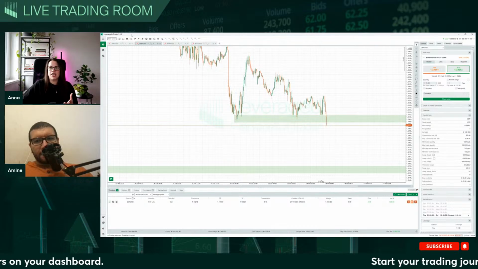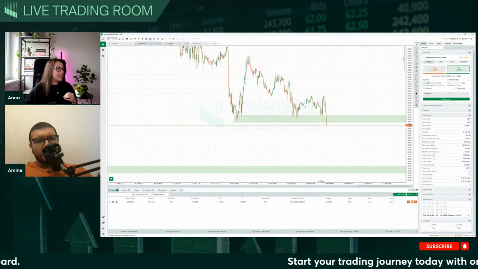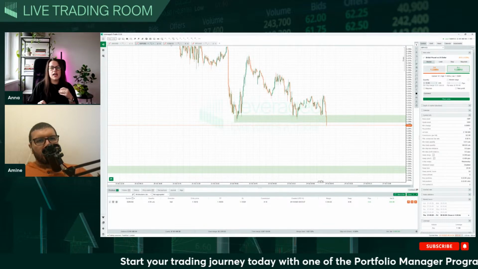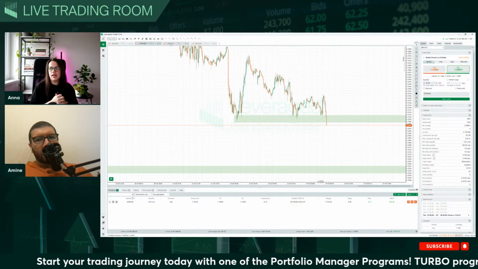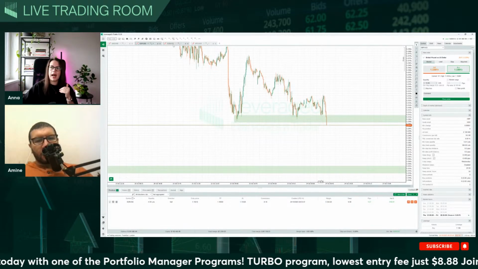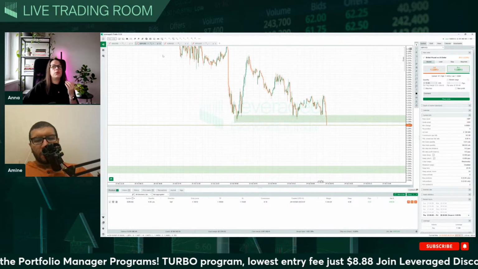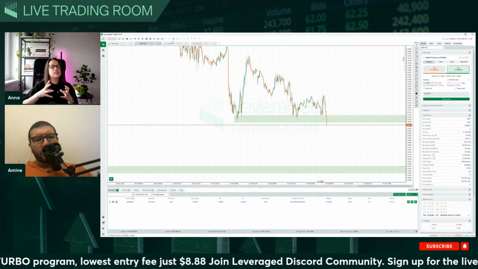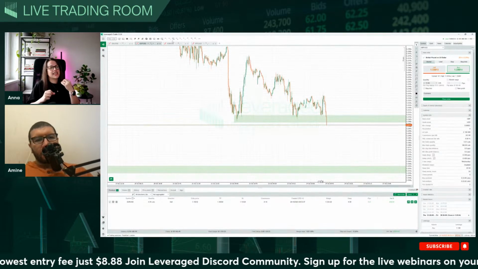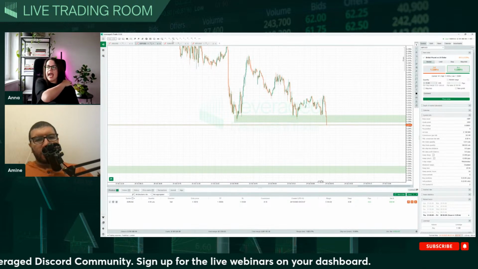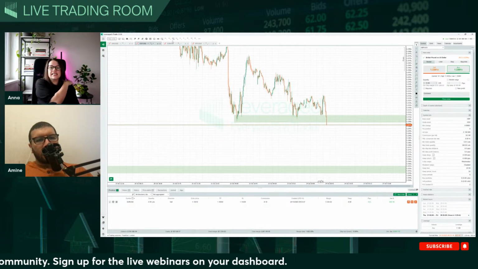So what I'm doing in here is testing, trying to move to a lower time frame to see how I can enter trades much better, because when you trade higher time frames, very often I would be waiting for my candle closure, and the candle closure is so big that it doesn't make sense anymore to take that trade because there's not enough risk to reward. And in my plan, I don't take anything less than 2 R.